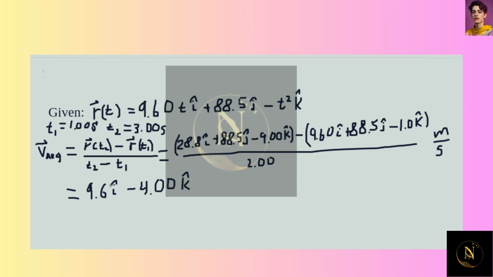Oh, also, one thing, we need to remember to use our significant figures, which is 3. So I need to write 9.60 here, not 9.6, and that is in the i hat direction. Okay, box that in as our solution for the average velocity between t2 and t1.